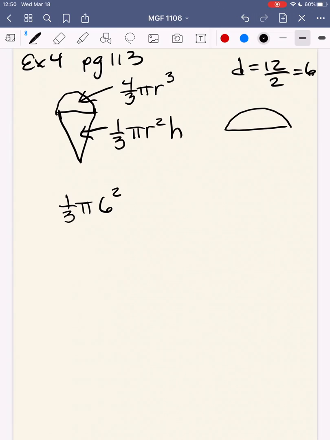But I only have half of a sphere. So I'm going to go ahead and know that the height is going to be half of this, and I'm going to use 3. So this isn't a full sphere. This is half a sphere. It's like dividing by 2. So the height is actually half of what it would normally be.